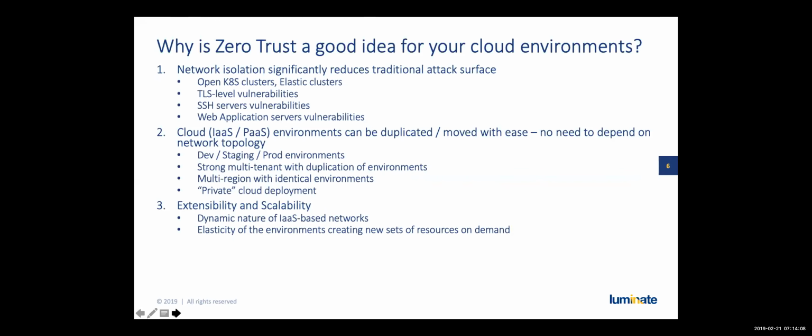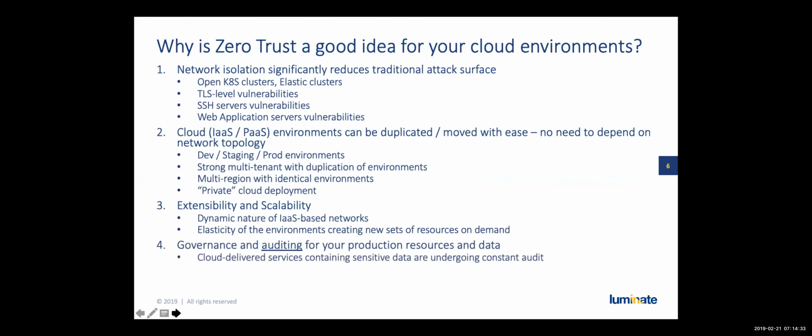So the ability to extend your environments very easily, without any discussion on whether we need to open additional ports or provision additional identities, is a huge plus. These processes would take weeks in traditional old school data centers, but in the cloud, it's minutes, and they should not be slowed down.